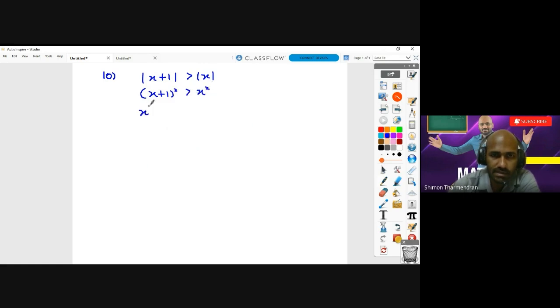Expand the brackets, x squared plus 2x plus 1 greater than x squared. When I bring over, I already killed off the x squared term. So in this case, we get 2x plus 1 bigger than 0. If it's not a quadratic, we solve as usual. We get 2x is greater than minus 1. So the solution set is all the x values greater than minus half.